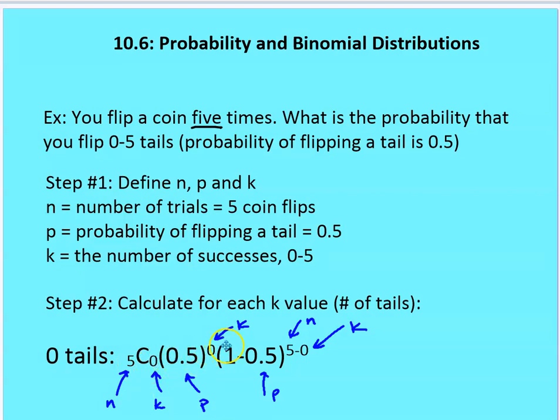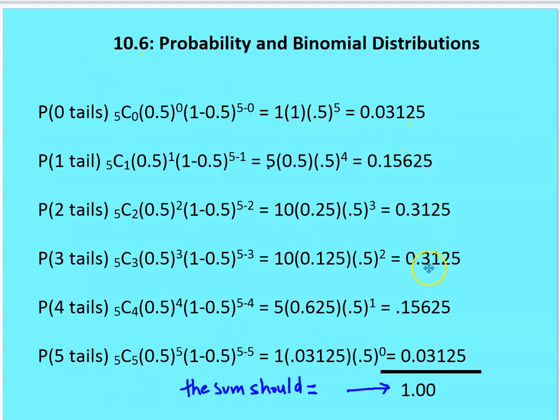0.5 to the 0 successes, 1 minus the probability, the complement, to the power of n minus the number of successes, 5. Right? And then if I go through all the calculations here, I end up getting the probability of 0 tails, 1 tail, 2 tails, 3 tails, 4 tails, 5 tails. And the sum of all these should be equal to 1.00.